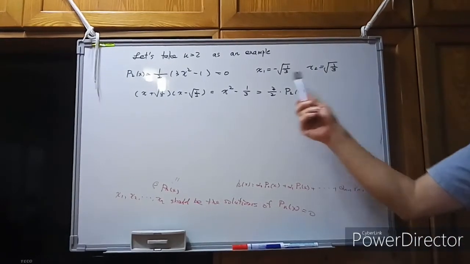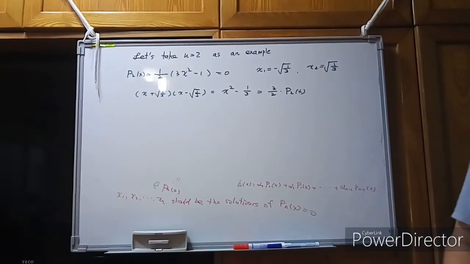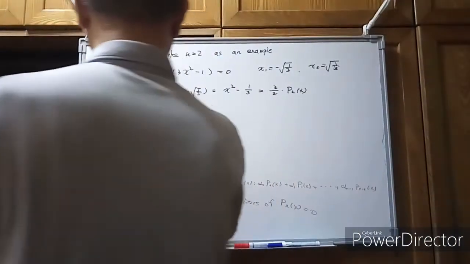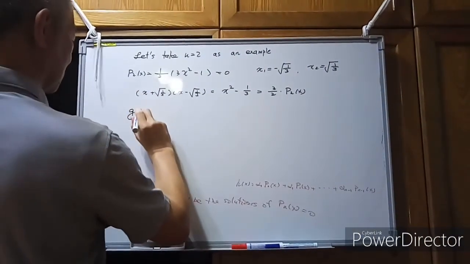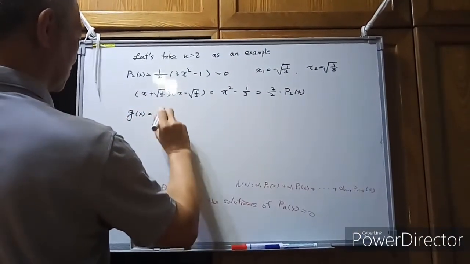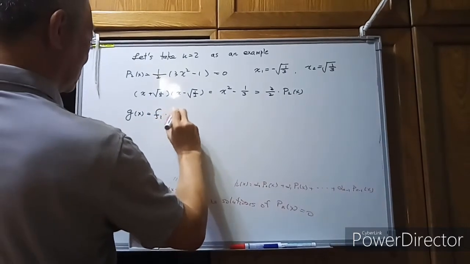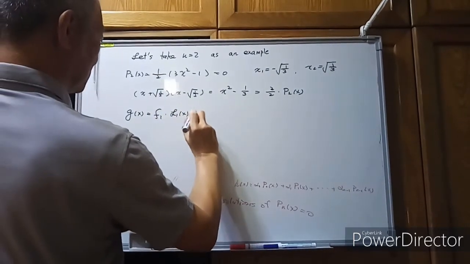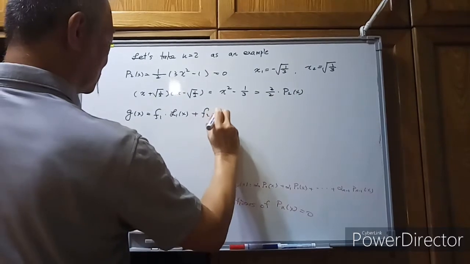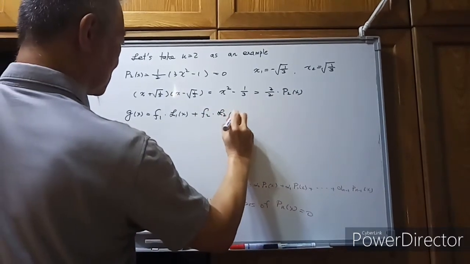Okay, so first we need to find these two. And the g of x is equal to f1 times L1 of x plus f2 times L2 of x.